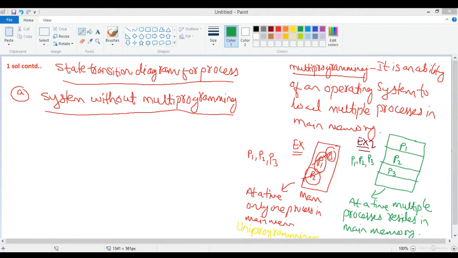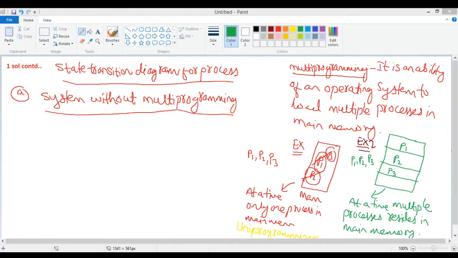So I got two responses. Great. So the correct answer is no. Multiprogramming is not the ability to load one process in main memory; this is called uniprogramming. Multiprogramming is multiple processes in main memory. That's great.